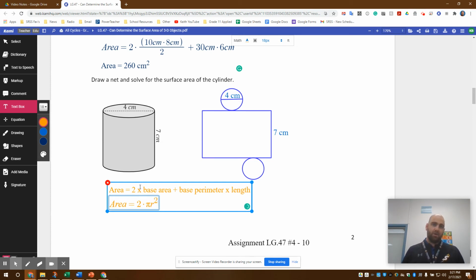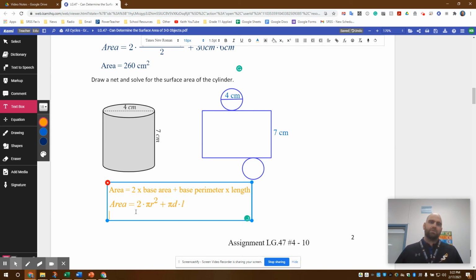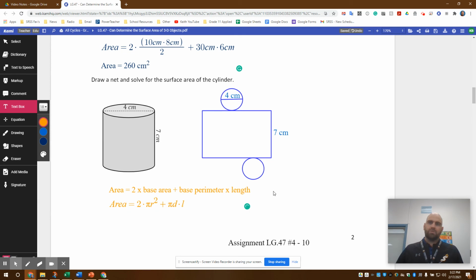That's our base area plus our base perimeter. Now to find the perimeter of our circle, it's pi times diameter, and then we're going to multiply it by the length. I'll put a little L in there. So this is our base area right there. We're multiplying by 2. This is our perimeter, pi times diameter, and then we're multiplying by the length.